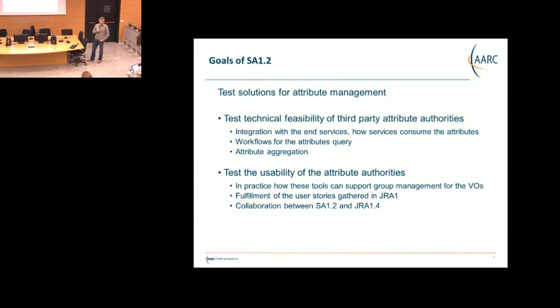How the workflows should work to query the attributes from the attribute authorities to the service providers, which type of aggregation services, how we can aggregate attributes coming from different sources. One example is IDP and attribute authorities, but it's not only that. I think there are several use cases to have even more than one attribute authority to get additional attributes from.